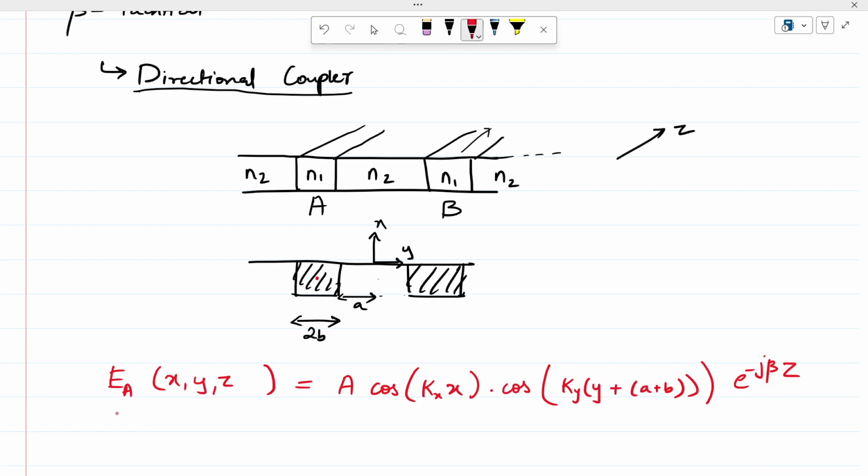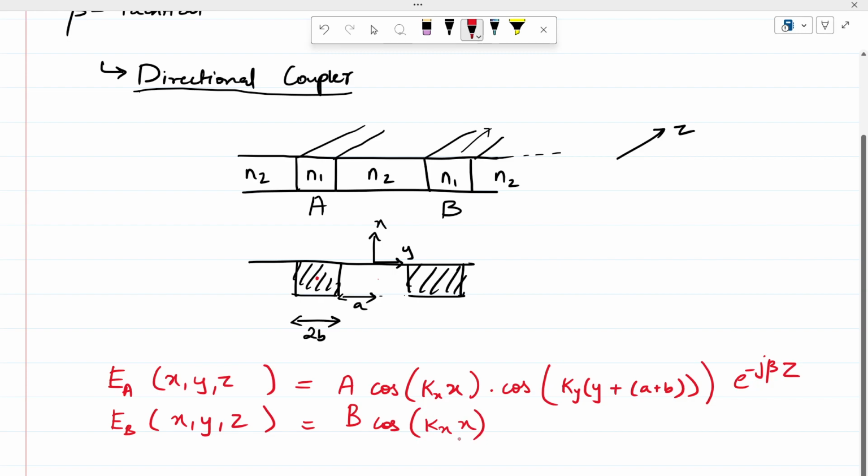Similarly, I will also have an EB of x comma y comma z to be B cos kxx into cos ky y minus (a plus b). Since these two waveguides are identical, we can assume that the propagation constants are also identical.